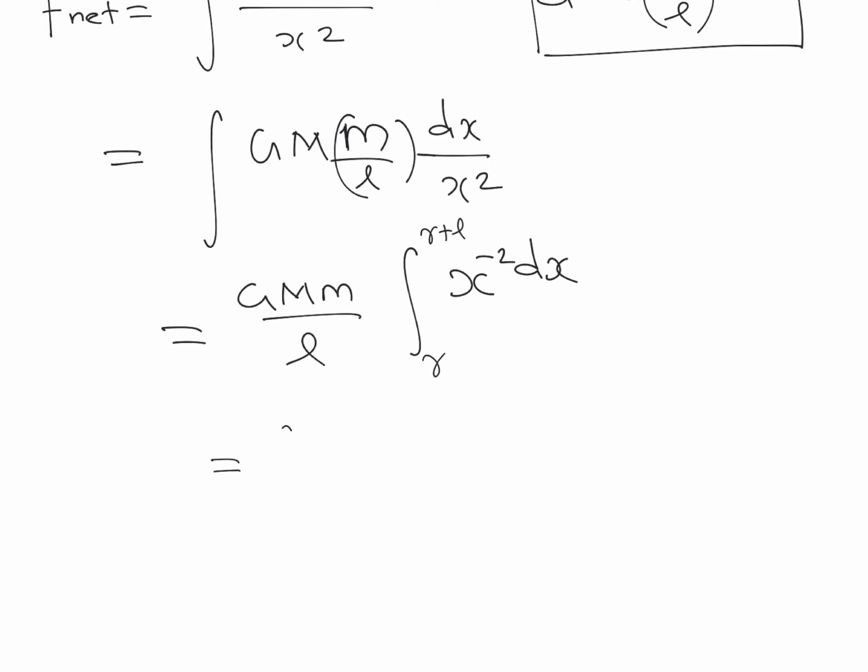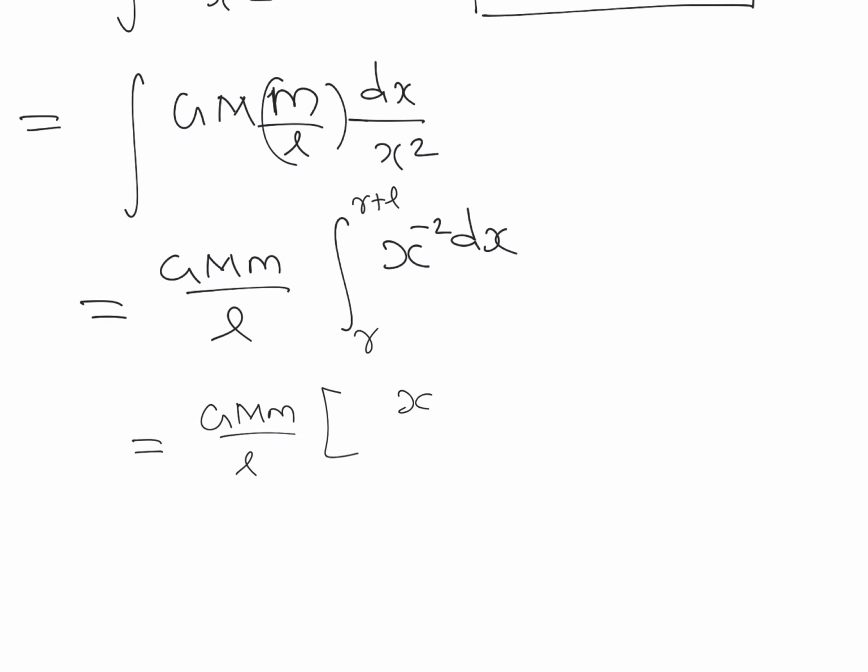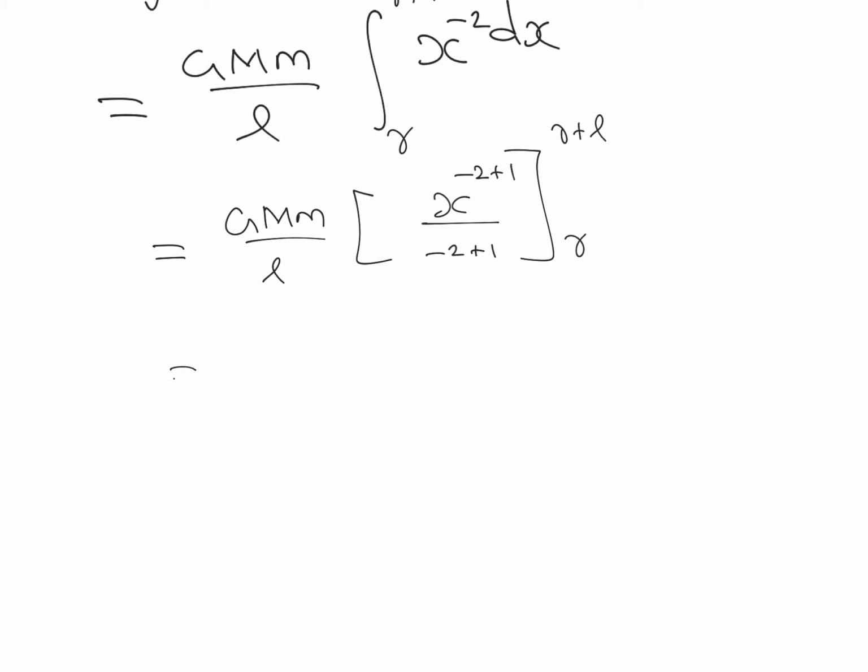So this is equal to G M m divided by L into the integration of x raised to minus 2 dx. We know that the integration of x raised to n is x raised to n plus 1 divided by n plus 1. Using that formula, this is x raised to minus 2 plus 1 divided by minus 2 plus 1, with the limit from r to r plus L. So this is G M m by L into x raised to minus 1 divided by minus 1.